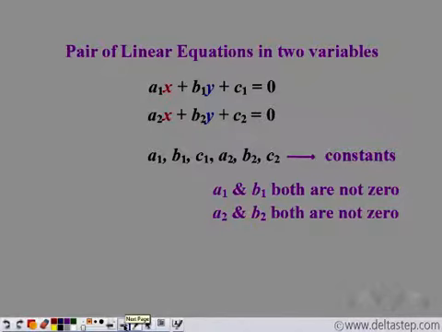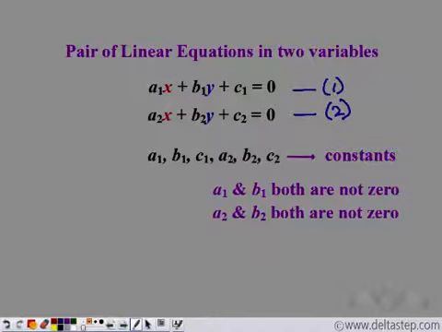a1x plus b1y plus c1 equal to 0. This is the first equation. a2x plus b2y plus c2 equal to 0. This is the second equation. So these are two equations, a1, b1, c1, a2, b2, c2, these are all constants. a1 and b1 both cannot be 0. Either of them, that is any one of them could be 0, but both cannot be 0.